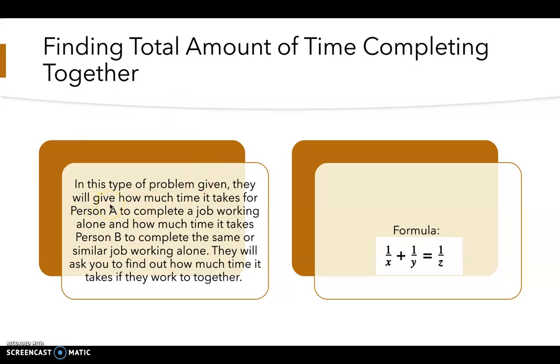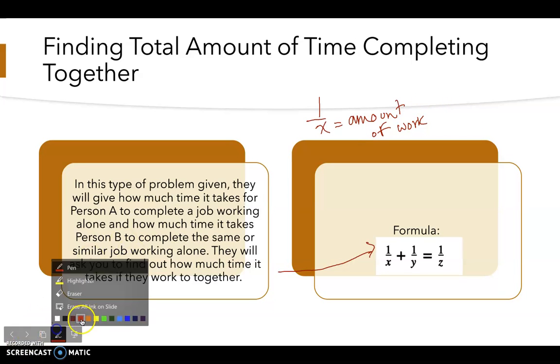So in this type of problem, they'll give you how much time it takes for person A to complete the job working alone, and how much time it takes for person B to complete the same or similar job working alone. Then they'll ask you to find out how much time it will take if they work together. So in that case, you're going to be relying on this formula, which is 1/x plus 1/y equal to 1/z, where 1/x is equal to the amount of work completed by person A.